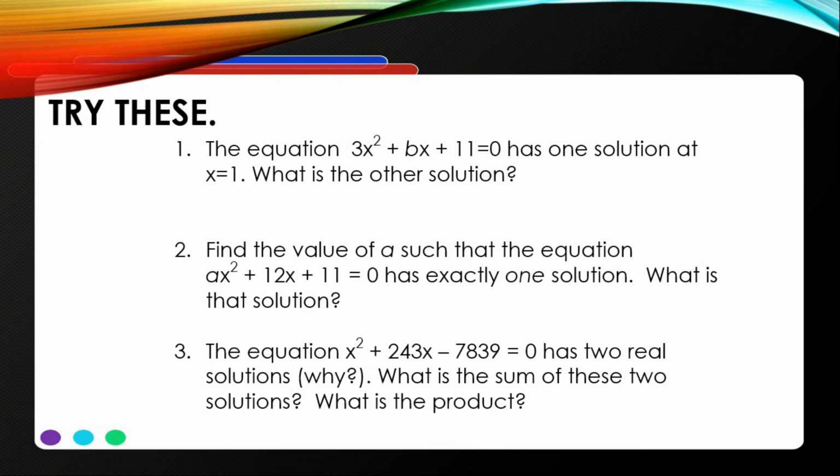And for number 3, you will need to discuss whether this has two real roots, and if so, what is the product and what is the sum of these two solutions? I hope you have learned something about our discussion in the quadratic equation, which is focused on the nature of the roots by the use of the discriminant.